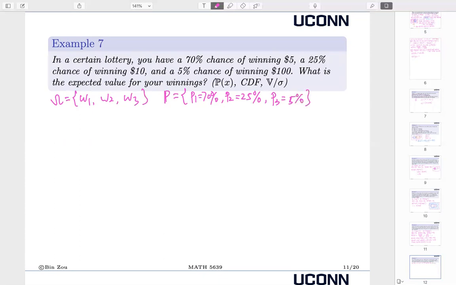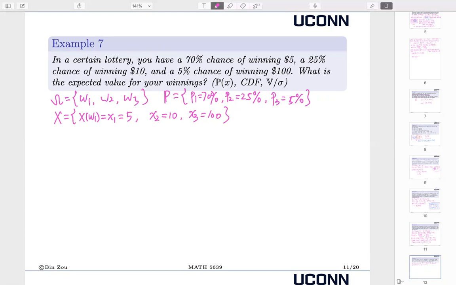Okay, and here we have a random variable. We can call it the amount of winning from the lottery. So we have X. X of omega 1, let's call it X1, is 5. For the same reason, we can define X2 as 10, X3 as 100, right?